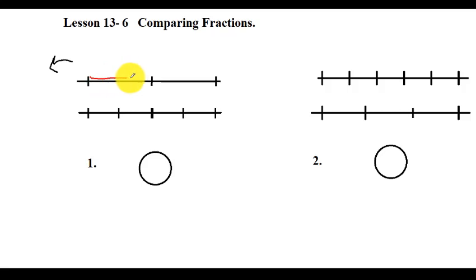In this case, my unit fraction has 1 in the numerator, and my unit is divided in 2 parts. Let me write it here. When you want to know the unit fraction, remember, a unit fraction starts with 1 in the numerator. And how many parts divide the unit? 1, 2, 3, 4.